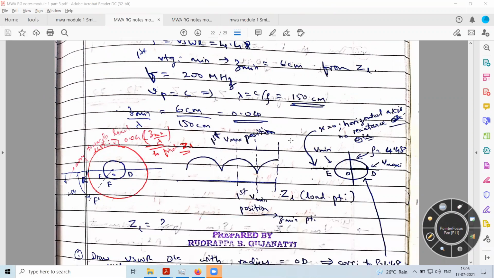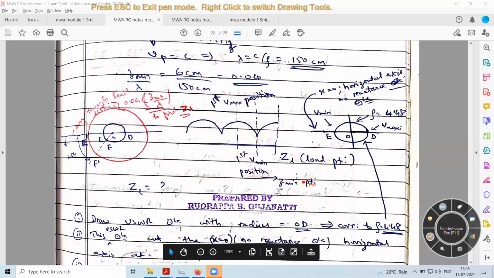Now there are other things to note down. If this is the load end, because of the incident and reflected waves, a voltage standing wave is formed in the transmission line. So when we measure the voltages along the transmission line, we will encounter multiple minimum voltage points and multiple maximum voltage points.